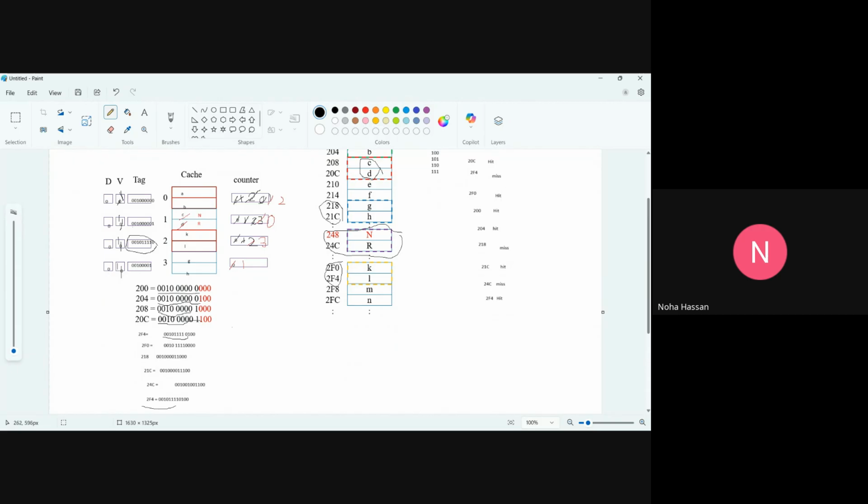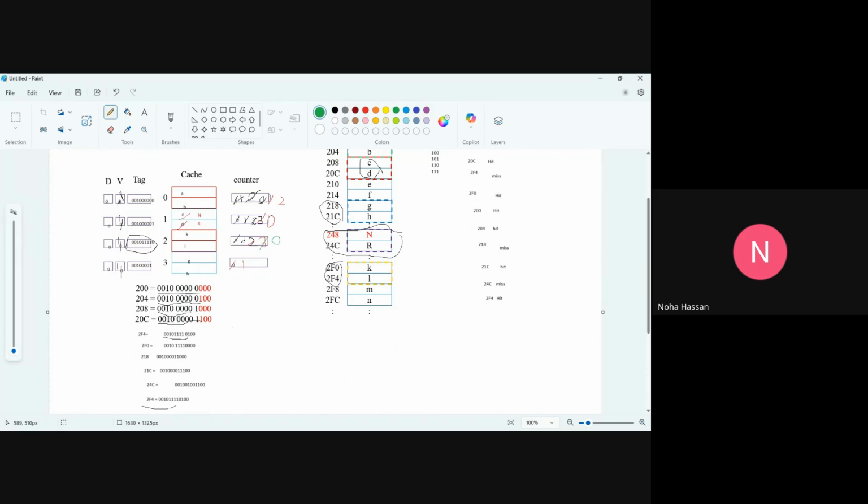How can I change the counters? Okay. So because this is the most recent one, okay, let me get a new color. Okay. So this means that this counter corresponding to block 2, okay, will have to be reset. Okay, so this counter has to be reset into 0.